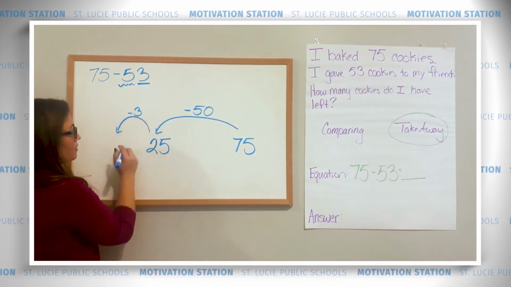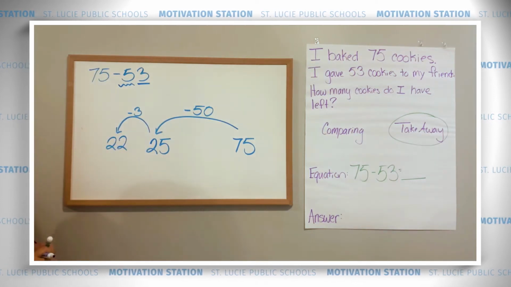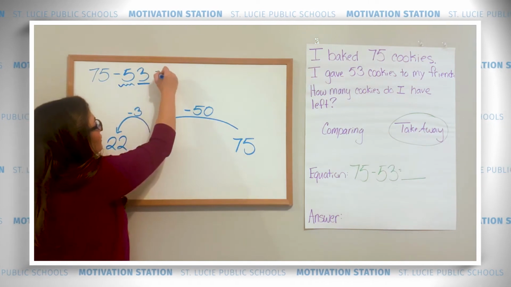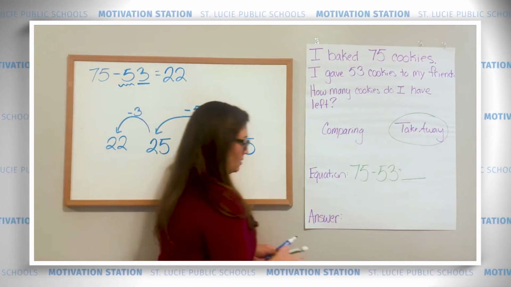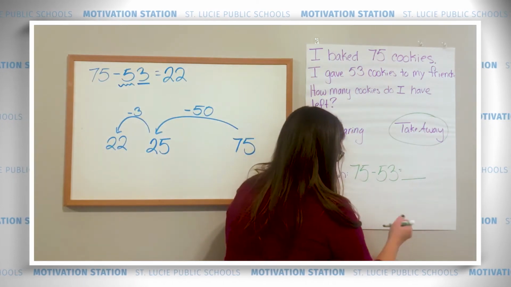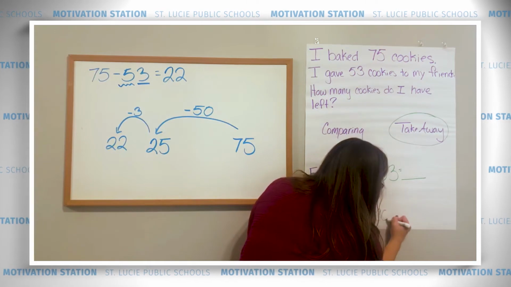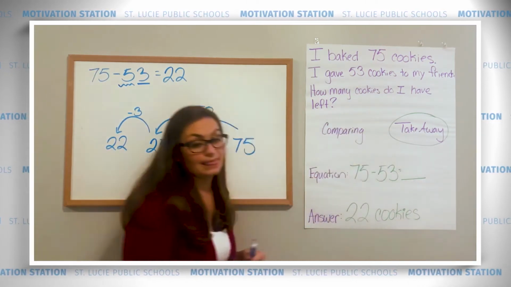Well, 5 minus 3 is 2, so my answer is 22. 75 minus 53 equals 22. So the answer over here is 22 cookies. That's good, because I like some cookies.